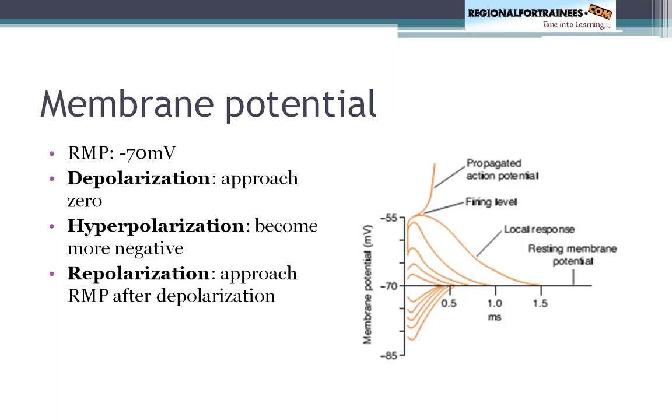Not all depolarization would result in formation of action potential. Only those depolarization potentials which reach the threshold potential, here shown as minus 55 millivolts, would eventually result in formation of a propagated action potential.